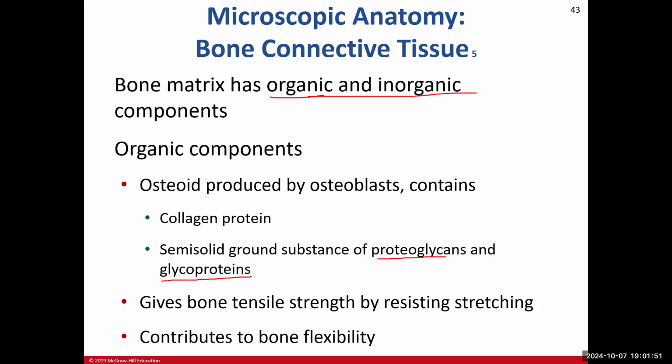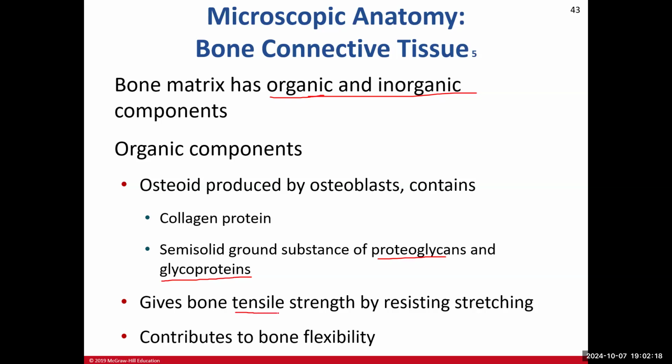We're not going to see a lot of ground substance in bone tissue, right? Less ground substance, less water, more rigidity, okay, more strength, but less flexibility. So bones are great when it comes to tensile strength, right? So if you try to bend the bone a little bit or pull on the bone, it can resist that stretching pretty well.